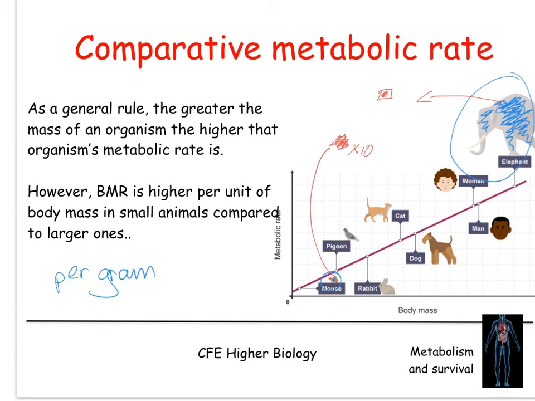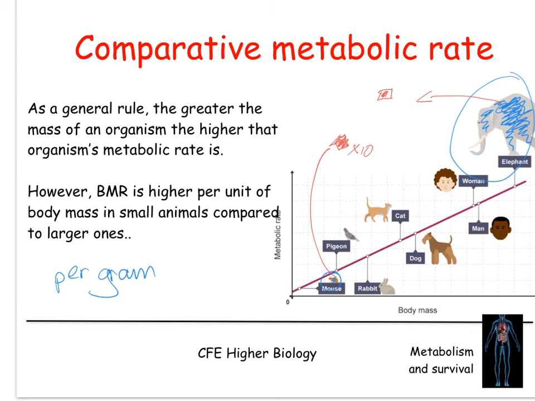Now, there are various ideas as to why this is, but one thought is that this is all due to surface area to volume ratios. Your elephant has a large volume compared to its surface area, whereas your mouse has a much smaller volume compared to its surface area.